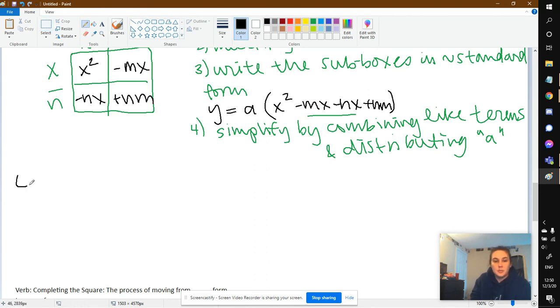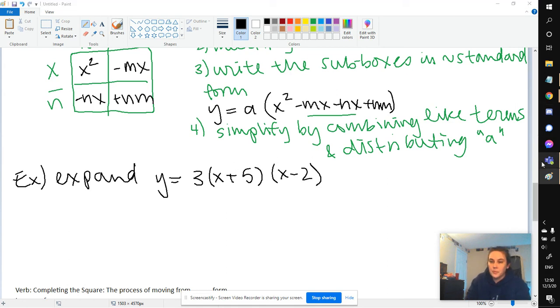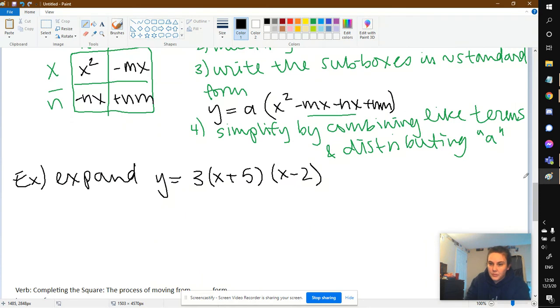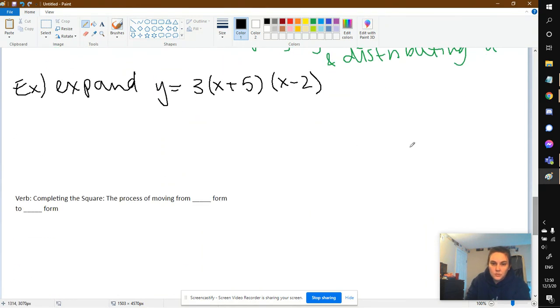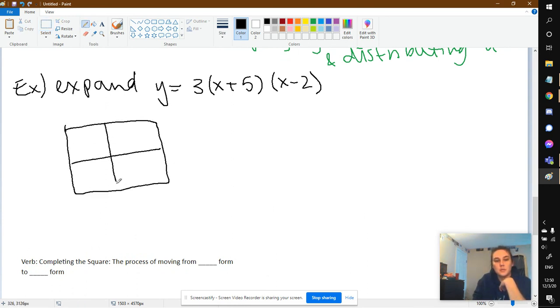Okay, so an example. We were supposed to expand this. If we're going to expand this, the first step is to make a box, write our factors on either side of the box.